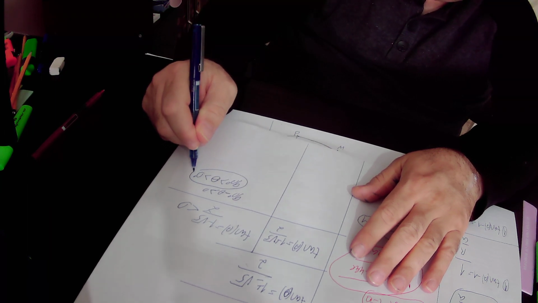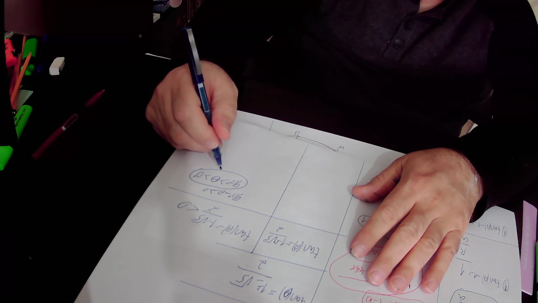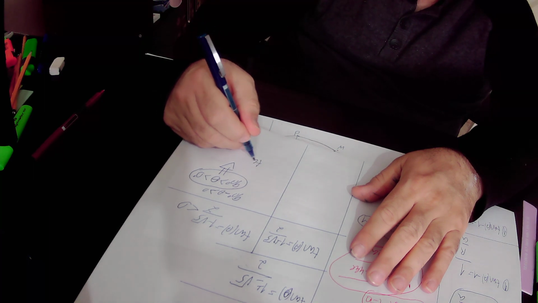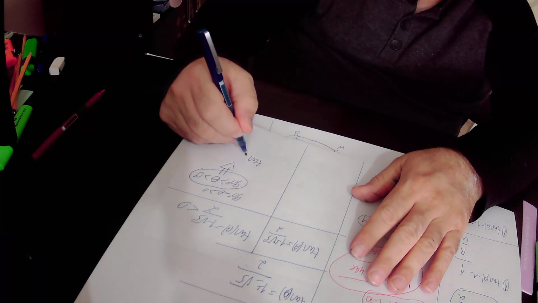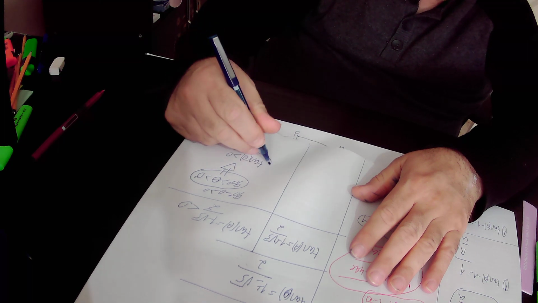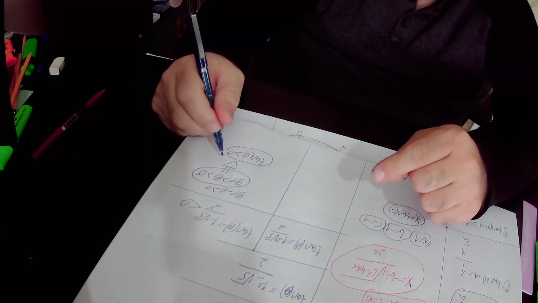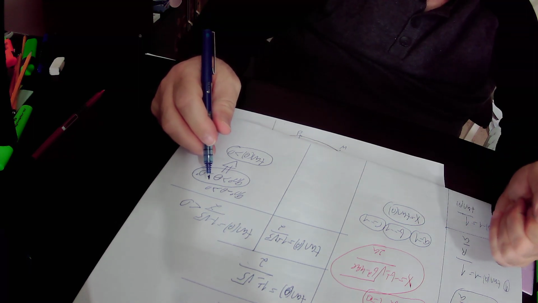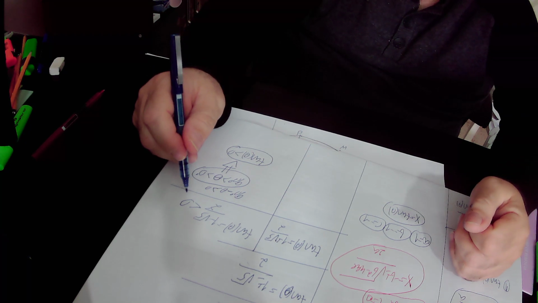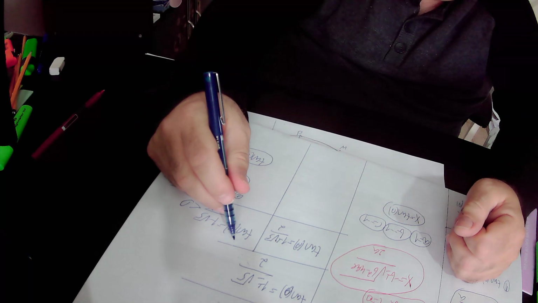So theta is between 0 and 90 degrees, and in this range of angles, the tangent function is a positive number. So tangent theta must be positive, while according to the second solution, tangent theta is a negative number. So we have a contradiction, therefore this is an incorrect solution.